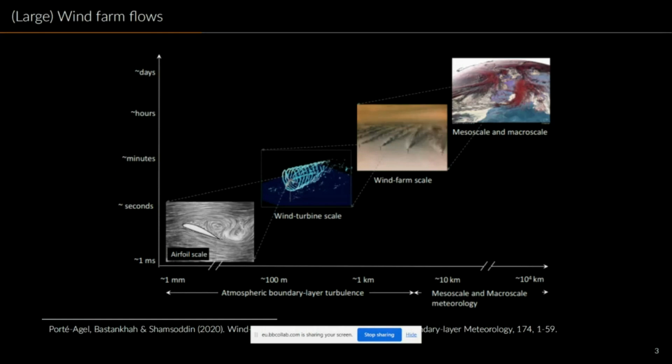Of course, it's not just the atmospheric wind influencing wind farms anymore, but it's also the wind farms that influence the atmospheric flow when they become very large. So when wind farms become very large, we have a very big problem to tackle, because the smallest scales of turbulence around the airfoil remain the same, but we also have to consider the very big scales of the atmospheric flow where the wind farm is embedded.